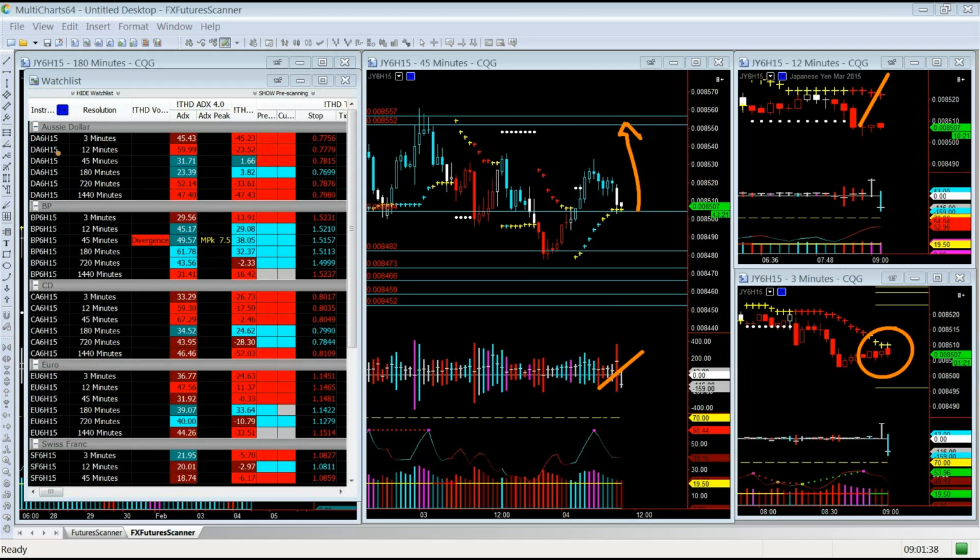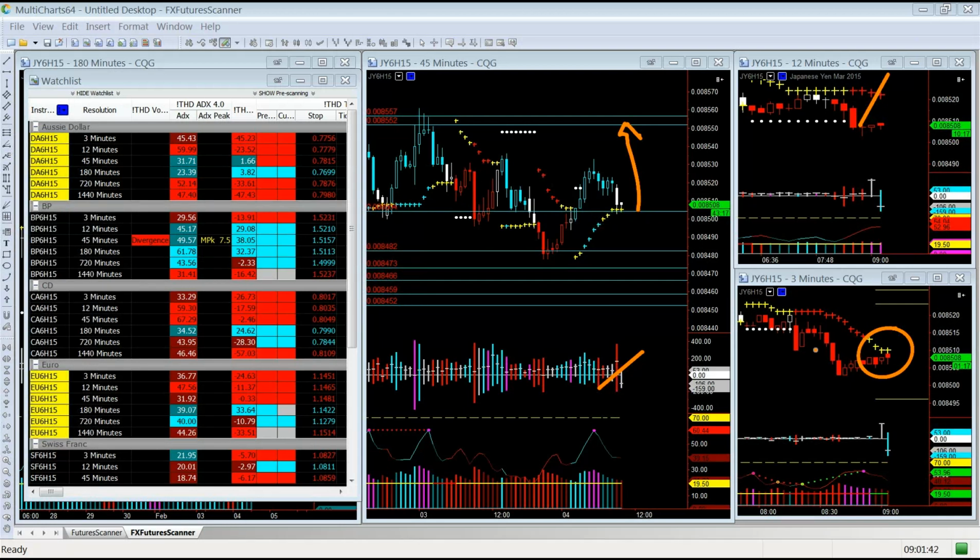Now, the one thing on the Japanese yen, it's been picking up some volatility. But this is where you really have to watch for gaps. George, do you remember me saying if you see a gappy chart, go up in time?